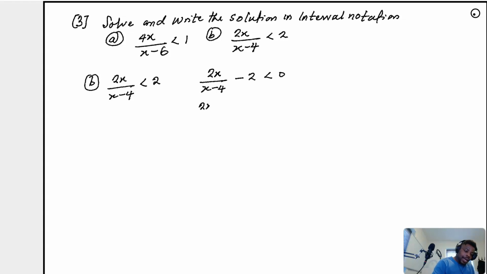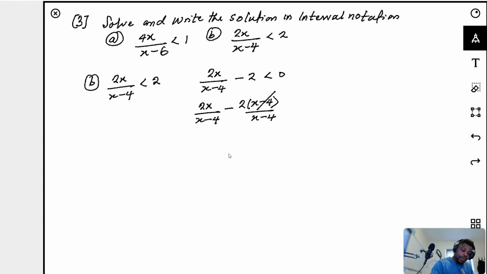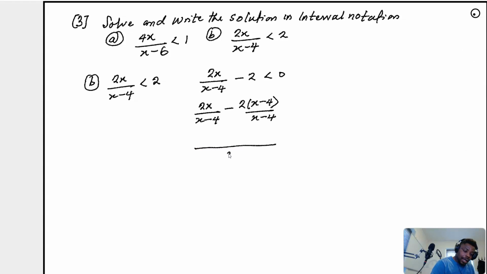This is like saying x minus 4 over x minus 4, because if I cancel x minus 4, I will still have this back. So it's like I've done nothing. So that is what that one means. So LCM is x minus 4.